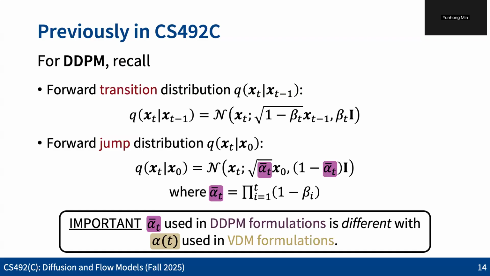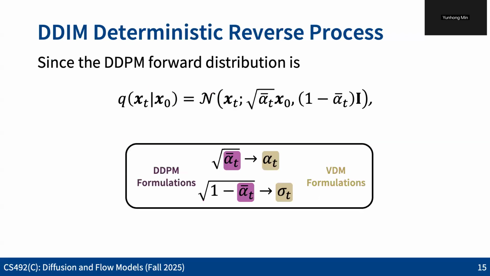Those are the definitions that we have seen for the DDPM case. Do you remember? Once we define the beta function, based on that we define the alpha hat here. These alphas that we have seen in DDPM are not related to the alpha function that we are seeing in the variational diffusion models. So we need to clearly see how they connect to each other. In the DDPM, the forward jump distribution was defined this way, right?